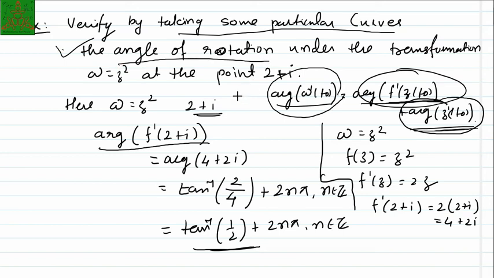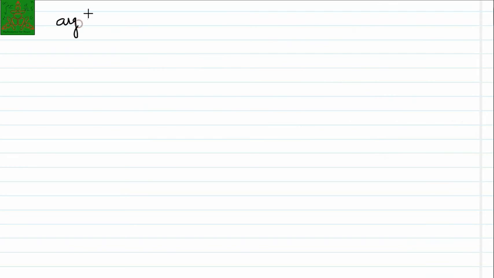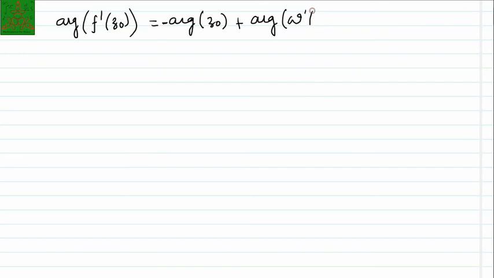Ultimately you can calculate the angle of rotation, that is argument of f dash of z0, which is equal to argument of w dash at z0 minus argument of z0. So ultimately this is the subtraction of the two angles, showing how much angle of rotation has happened after applying the function.